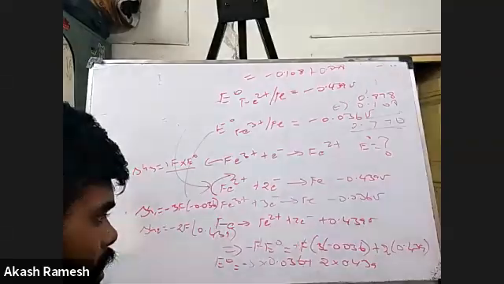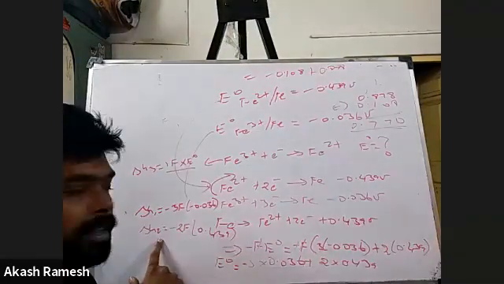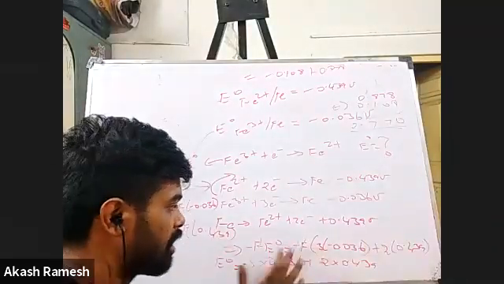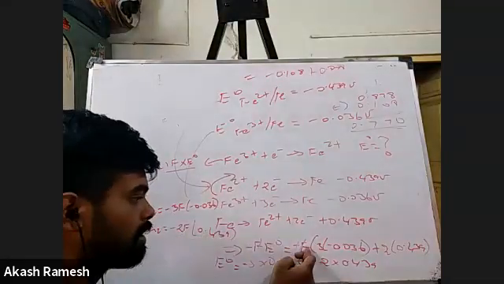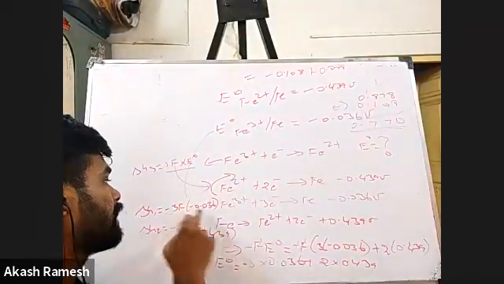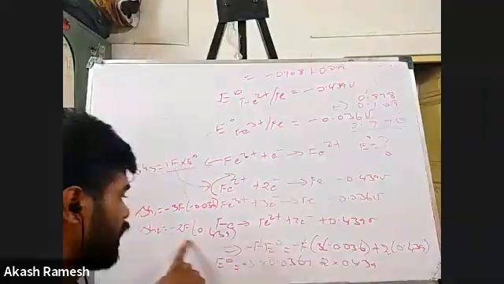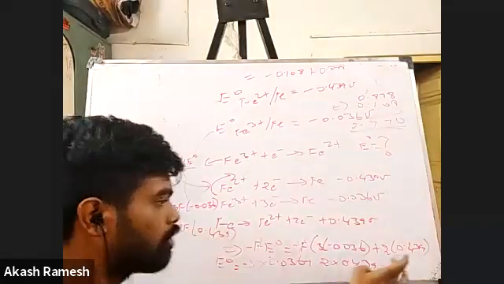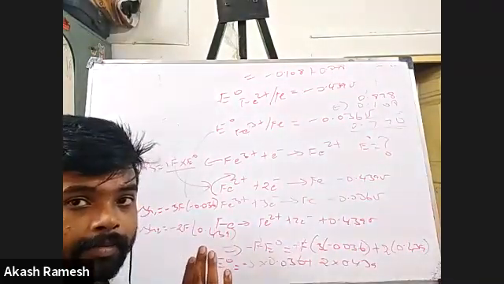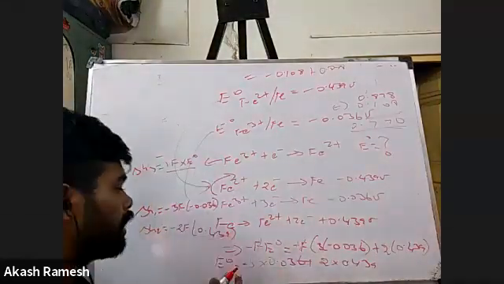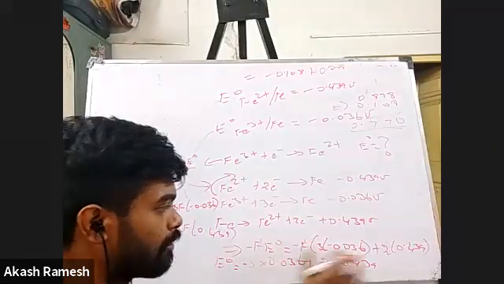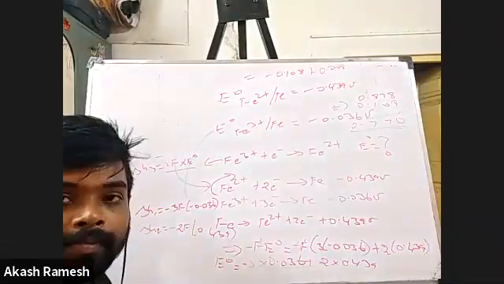Basically, I took minus F outside. If I add these two, I take minus F outside from these two. What is remaining? Minus 3 into 0.036, and 2 into 0.439 is remaining. Then delta G3 is minus F into E naught, so I cancelled minus F. So what I wrote is correct only. Okay, sir. Cool.